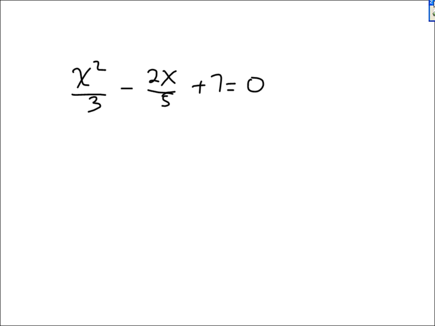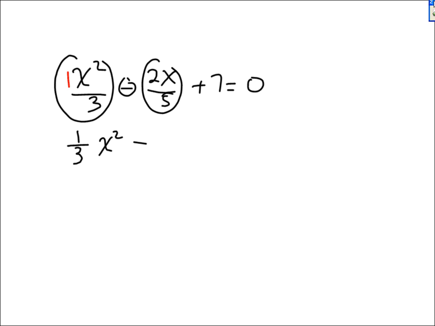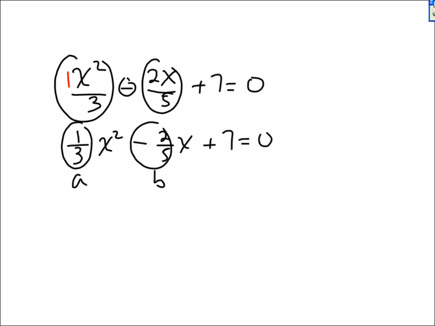For those of you who can't, a couple of comments. One, you should recognize that there's a 1 in front. This is the same as 1/3 times x squared minus 2/5 times x plus 7. That's a, that's b, that's c.